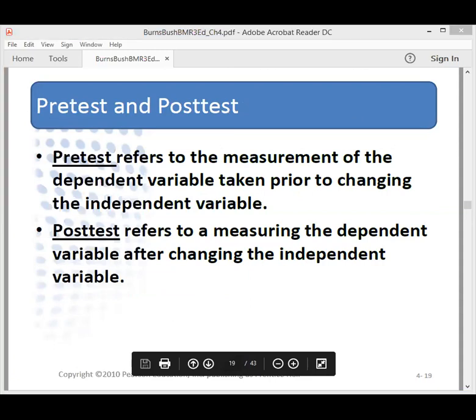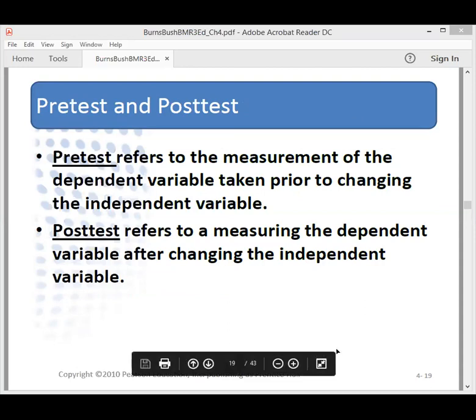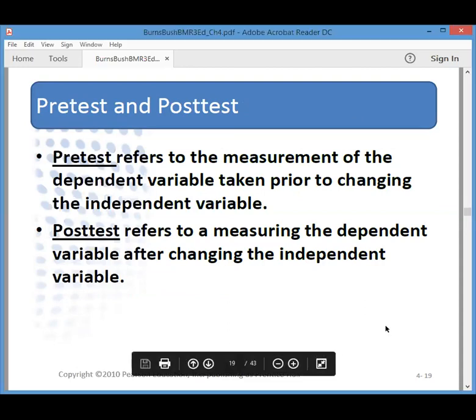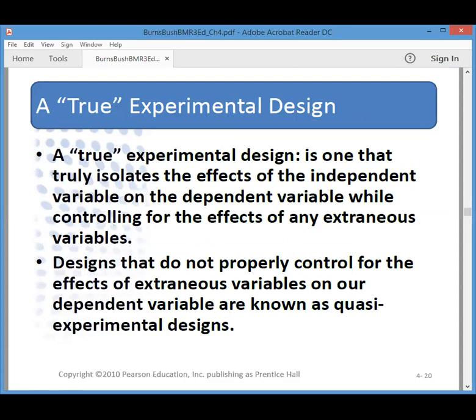So pretest is when we take a measurement of the dependent variable prior to changing the independent variable. Post-test refers to measuring the dependent variable after changing the independent variable. So a true experiment is one that isolates the effects of the independent variable on the dependent variable.